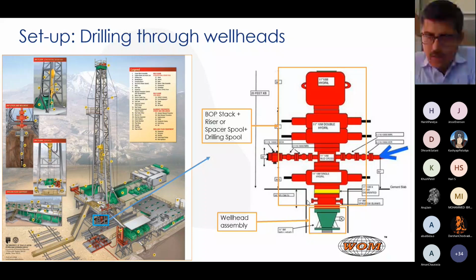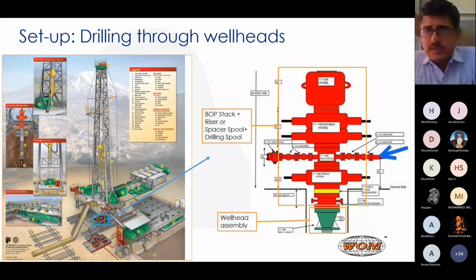This is my wellhead. This is the cellar pit, below the platform, the colored box. My wellhead is sitting deep down in the cellar pit, and above that I'm installing the BOP stack. This BOP stack is based on the customer, whether they're using the double ram BOP, annular BOP, different spools, spacer spools, or drilling spools.